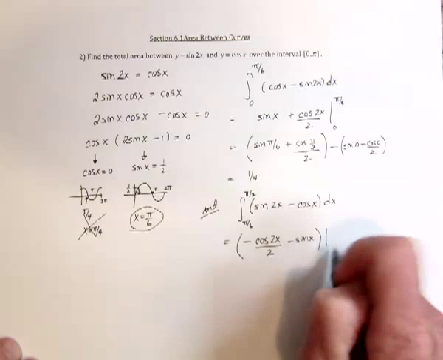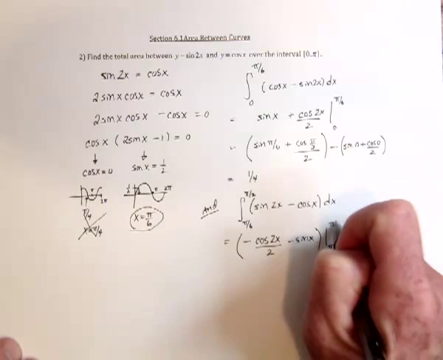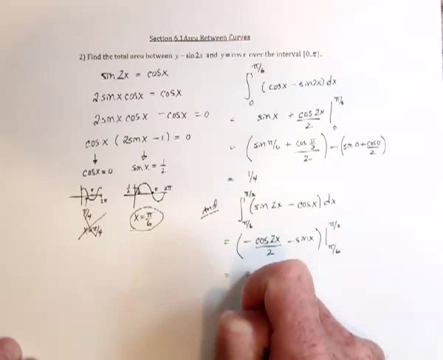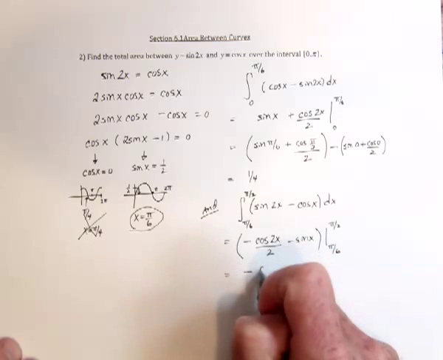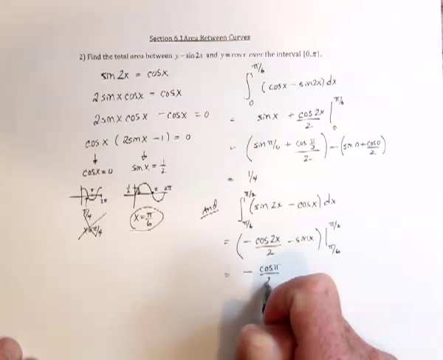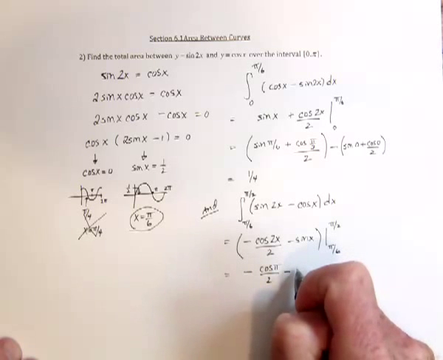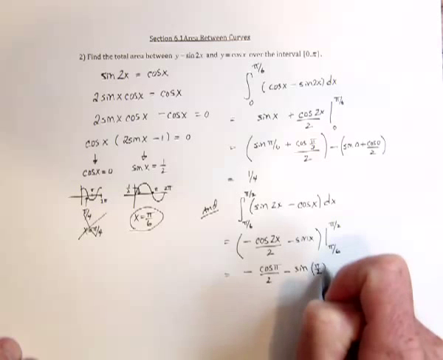And then evaluate that from pi over 6 to pi over 2. So when you substitute the pi over 2 in here, it becomes just a pi. And then divide cosine of pi by 2. Next, minus sine pi over 2.